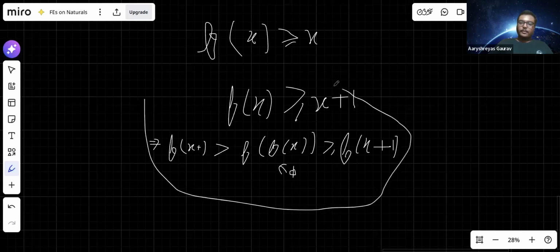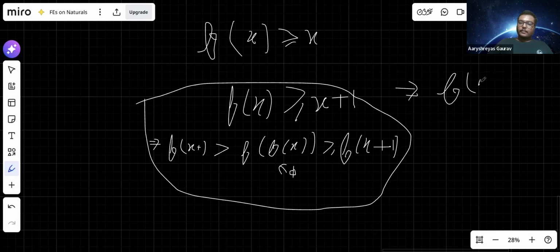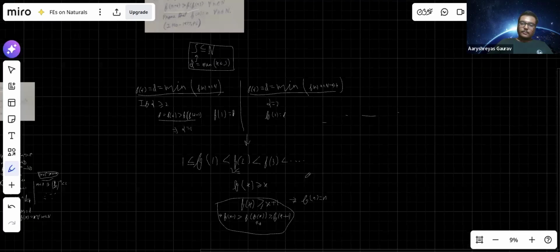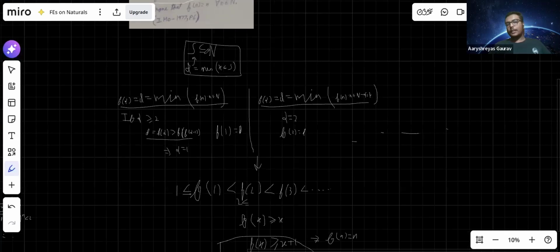And boom, we are done with the solution. We get f of n is n for all natural numbers. So we use the property that we can always find a minimum in a subset of the natural numbers.